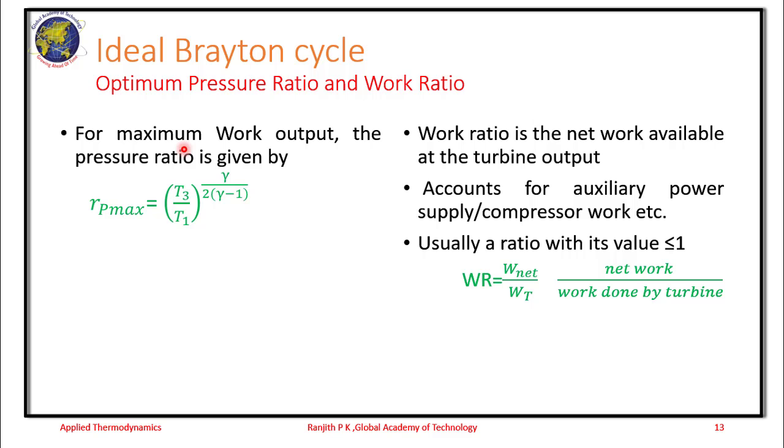For the net work to be maximum, the pressure ratio is given by (T3 by T1) power gamma by 2(gamma minus 1). We also calculate the work ratio, which is the ratio of W net by WT. This work ratio accounts for the auxiliary power supply in the system and for the compressor work as well, and this value is usually below 1.